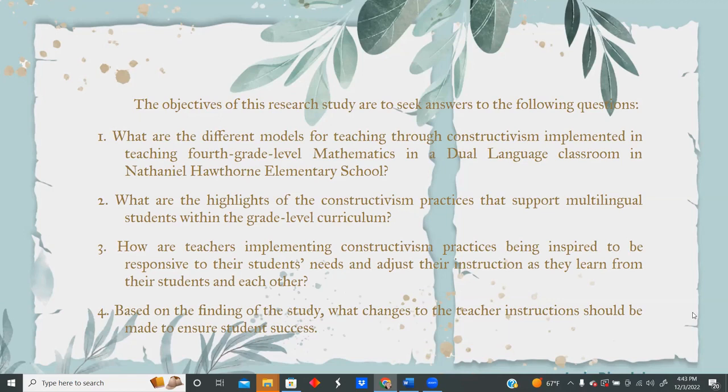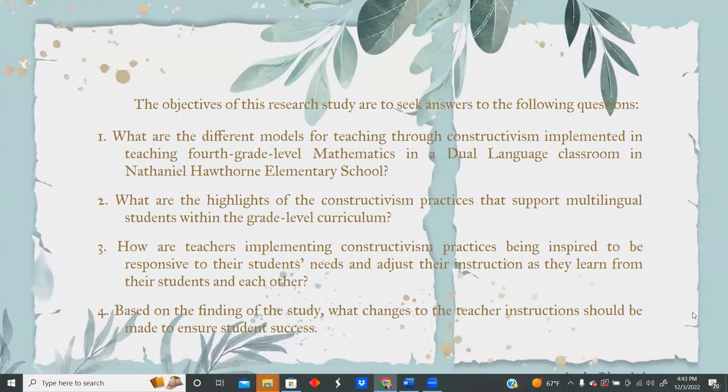So maybe some of the researchers, after you have conducted this research, can use your research as a reference, especially since you will be conducting qualitative research, and that's really good. So as you go along with your title, you can think of the best output.